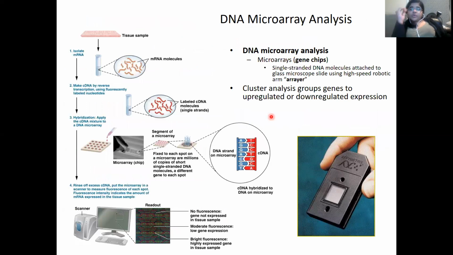So DNA microarray analysis. A method to do this is using microarrays, also called gene chips, like this one. This is where single-stranded DNA molecules are attached to a glass microscope slide.